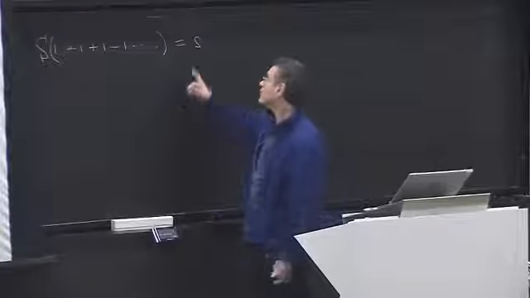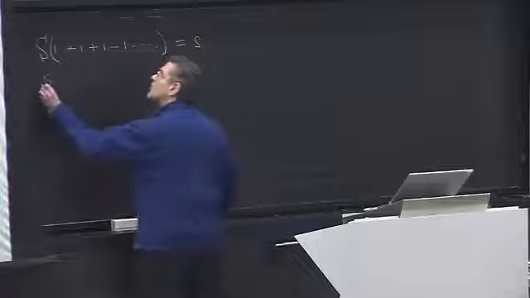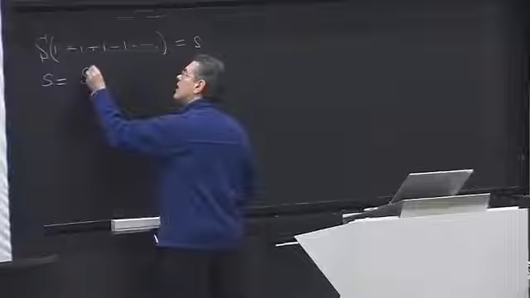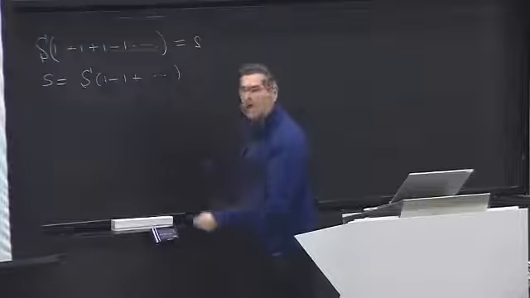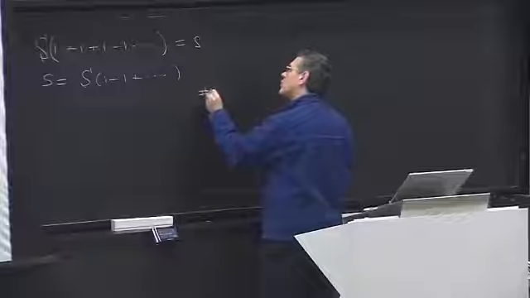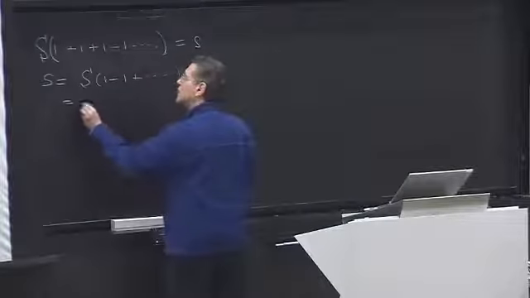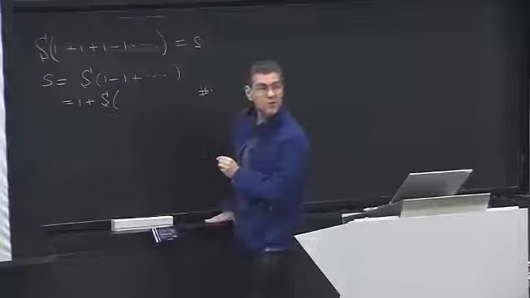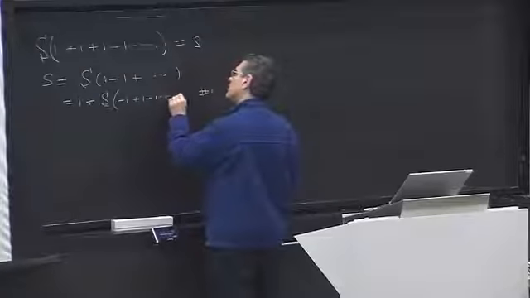So the answer is called S. So you know what I'm going to do. S is equal to this. It's equal to the sum of 1 minus 1 plus 1. But now, by axiom number 1, this is the same thing as 1 plus the sum of all the remaining terms in the series. Minus 1 plus 1 minus 1 plus 1, and so on.